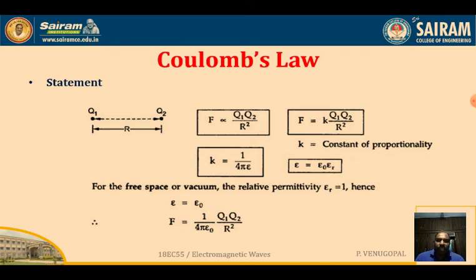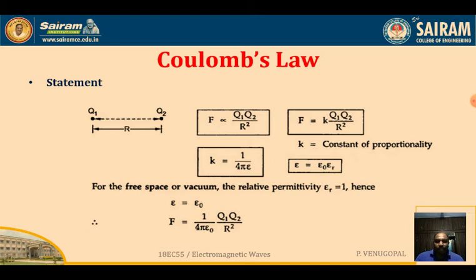Dear students, in electrostatics, we use the constant called permittivity, denoted by the symbol epsilon. This epsilon is the product of epsilon naught into epsilon r, where epsilon naught is the absolute permittivity of the medium and epsilon r is the relative permittivity of the medium.